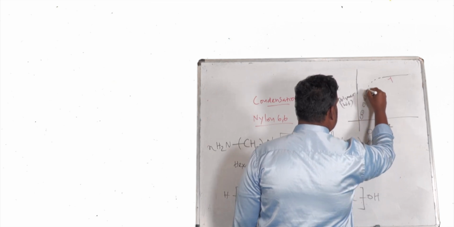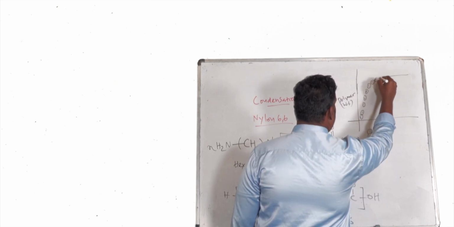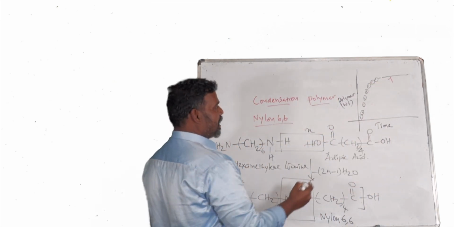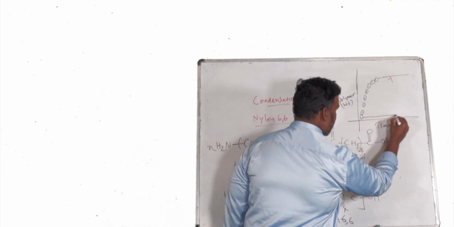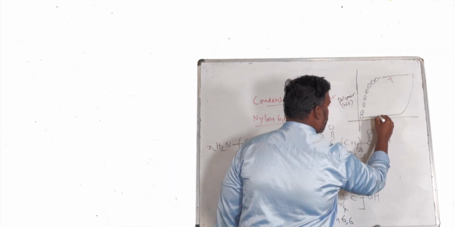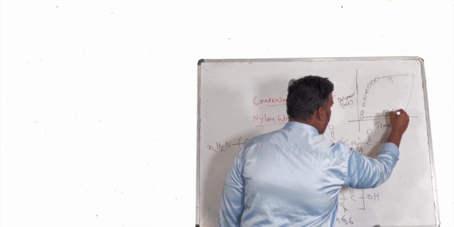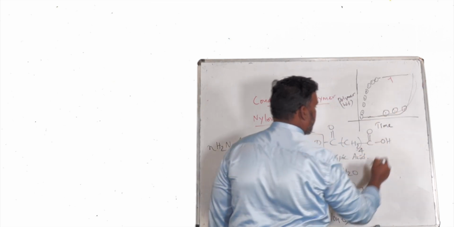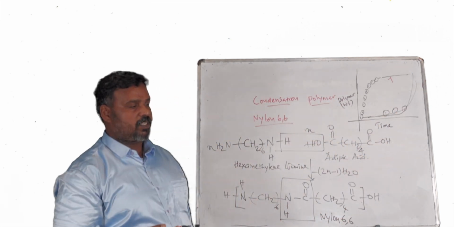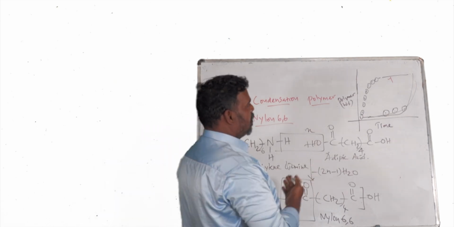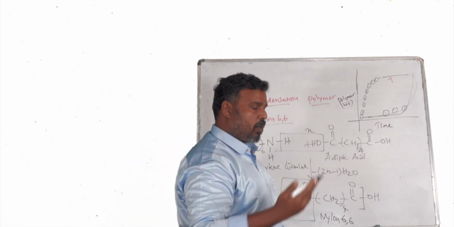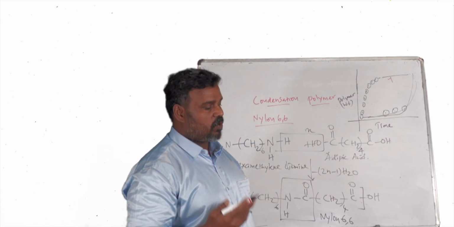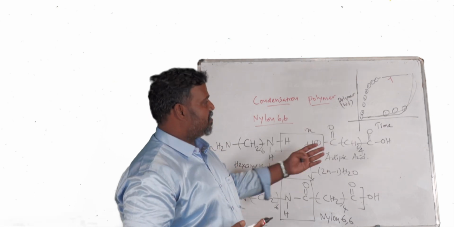The polymer grows very rapidly. On the other hand, the condensation polymerization is very slow in nature. It grows very slowly until it reaches the molecular weight. Sometimes the condensation polymerization can go on for 1 week also, 3 days, 4 days, 24 hours, 48 hours, 76 hours.